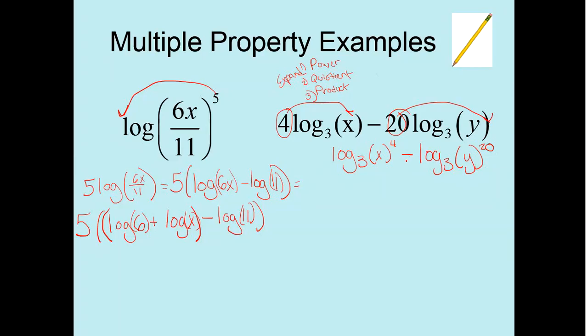Now I have subtraction, so I got to take care of my quotient rule, and subtraction was the same as division, so I'll just have 1 log of x to the 4th divided by y to the 20th. And that's my final expression after it has been condensed.